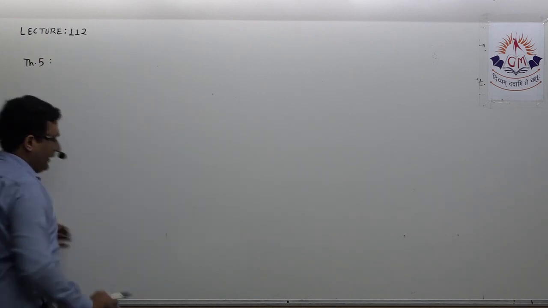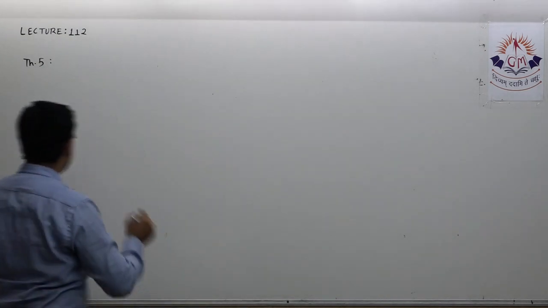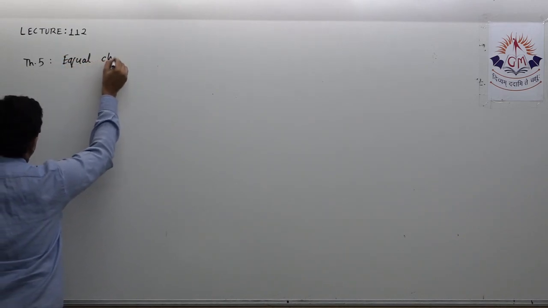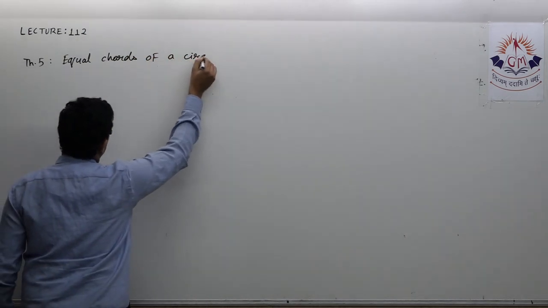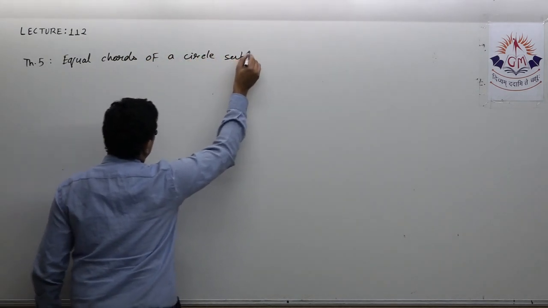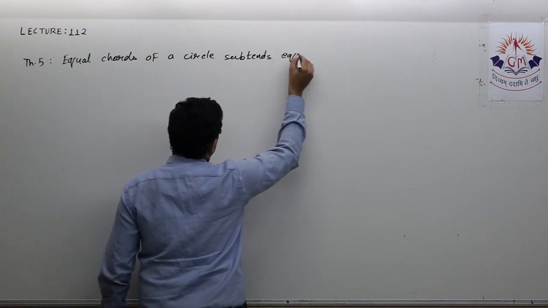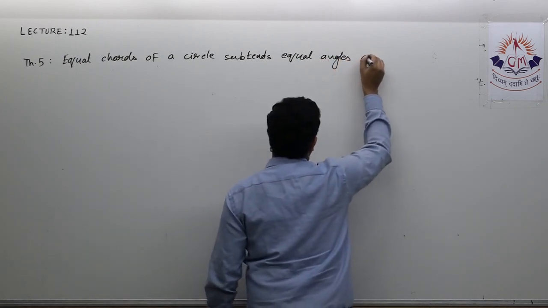So first I will explain this theorem number 5. Equal chords of a circle subtend equal angles at the center.